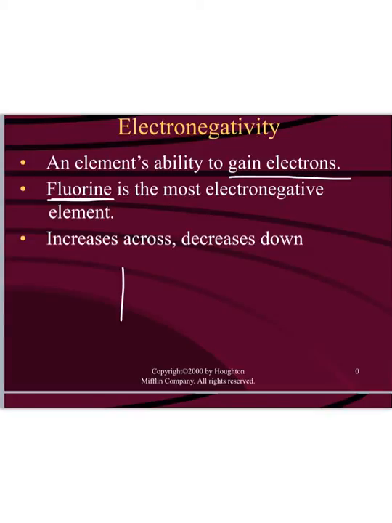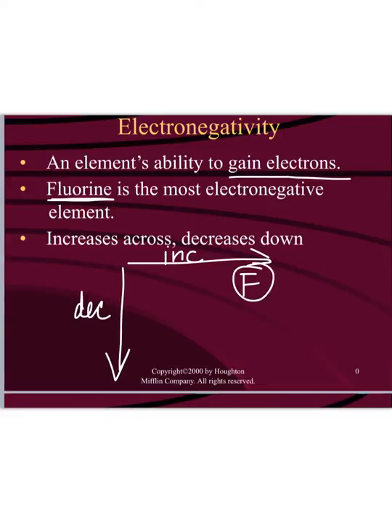All right, so if we look at a periodic table for the trend, increases across and then decreases going down the group. So if you remember that fluorine, and fluorine's over here on this side, is the most electronegative, then that's how you know it has to increase towards fluorine, and then therefore it will decrease going down.